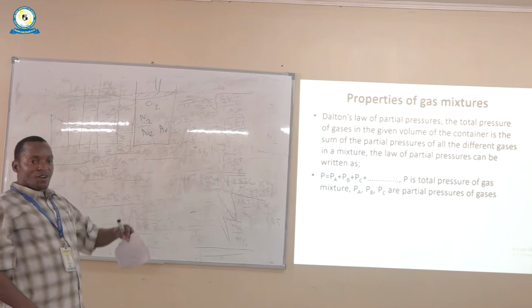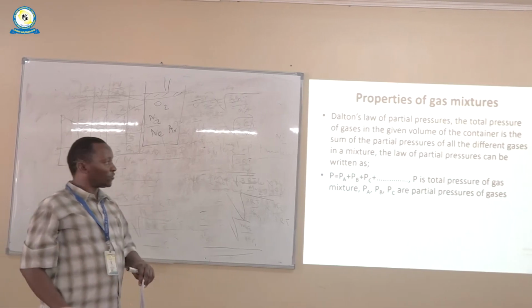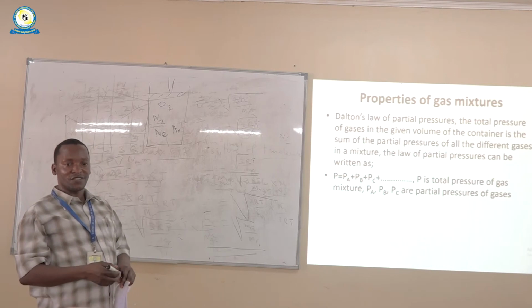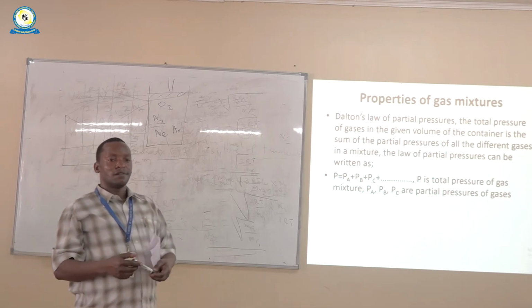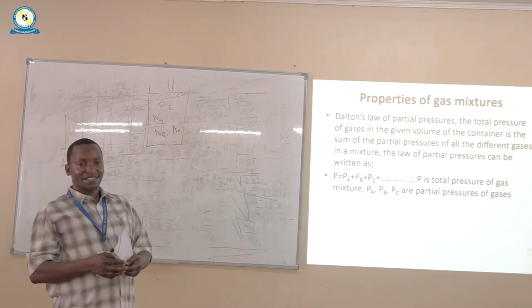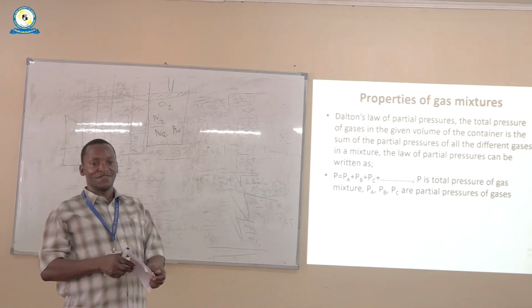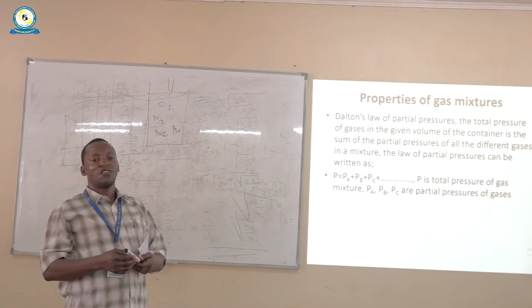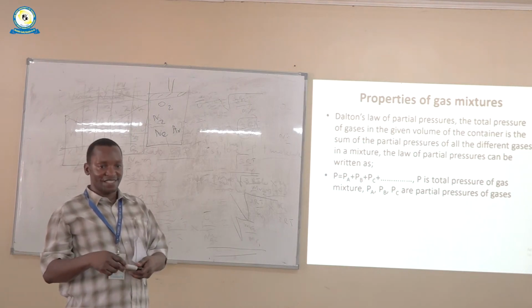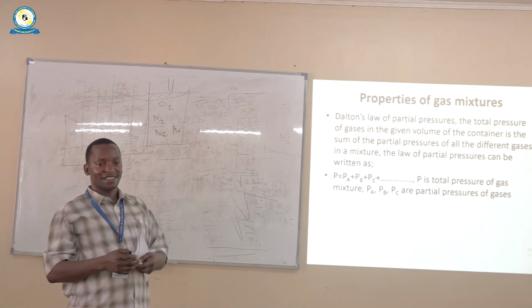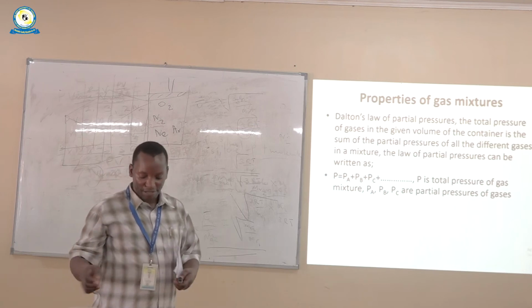Now, according to Dalton's law of partial pressures, the total pressure of gases in the given volume of the container is the sum of the partial pressures of all the different gases in a mixture. That is the law of partial pressures.